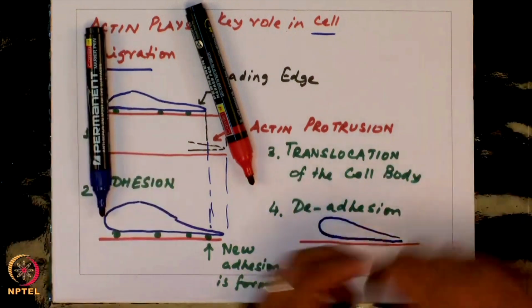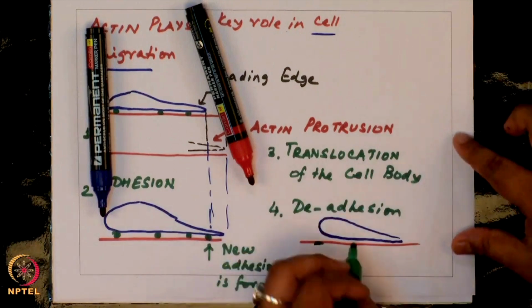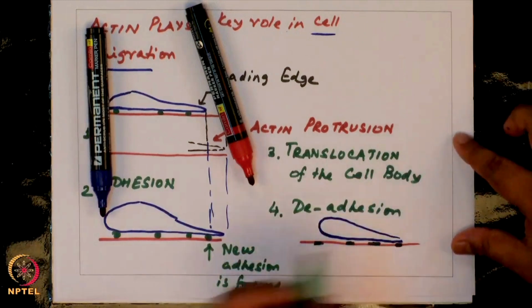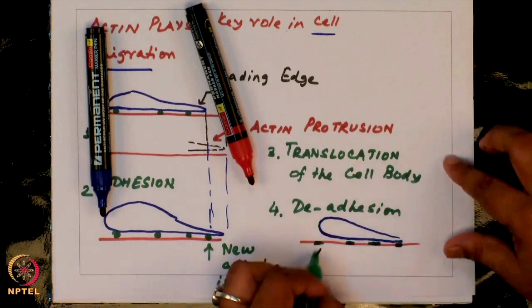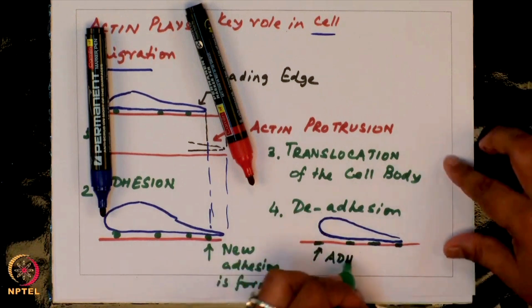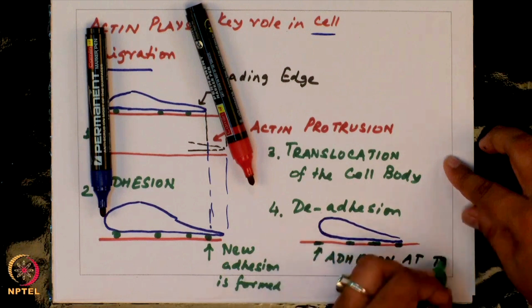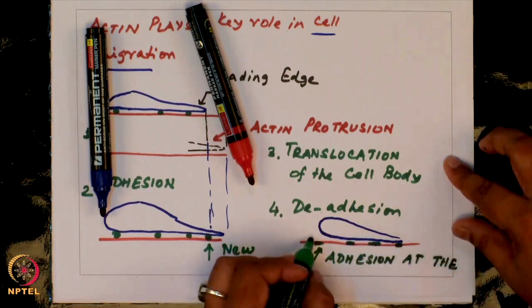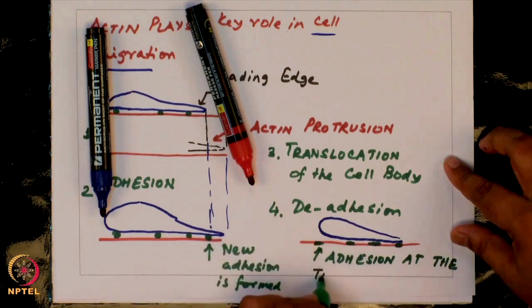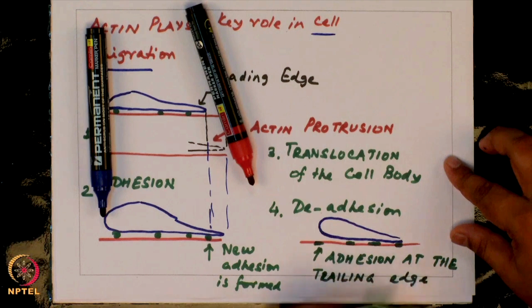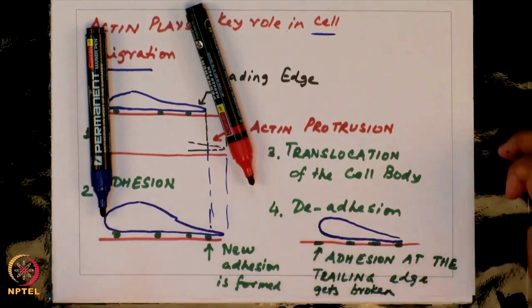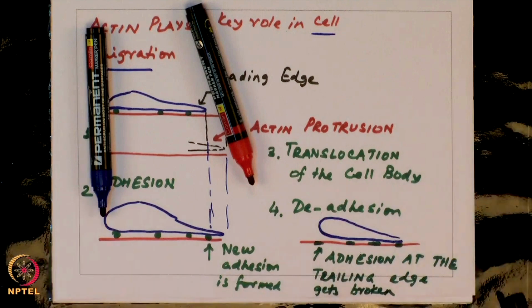This adhesion gets broken. Adhesion at the trailing edge, this is the trailing edge of the cell, gets broken, and as a consequence the cell moves forward.